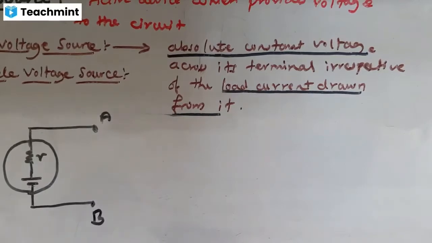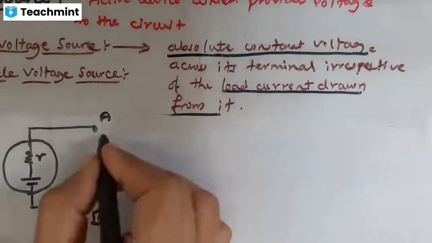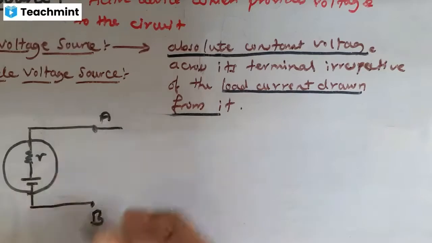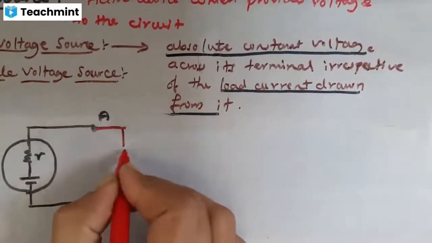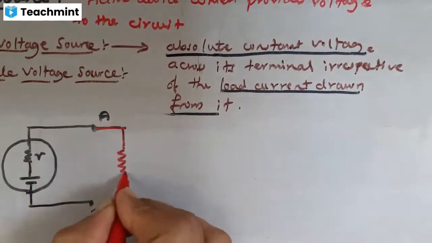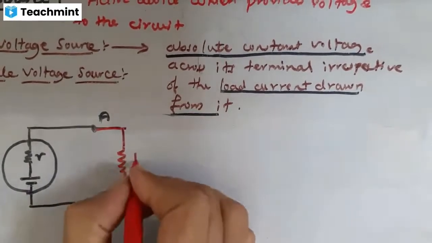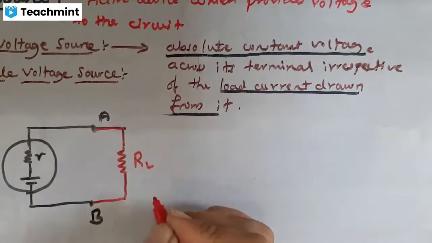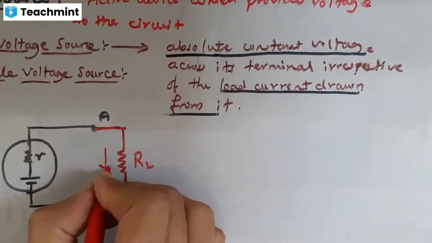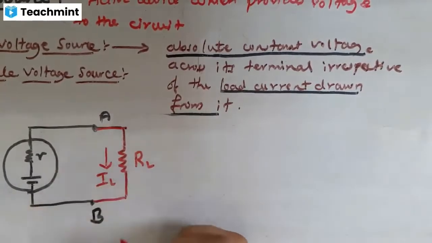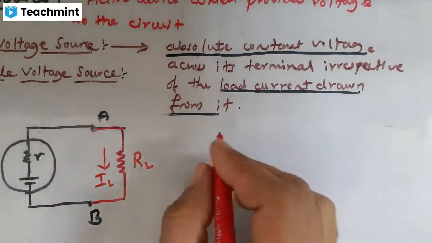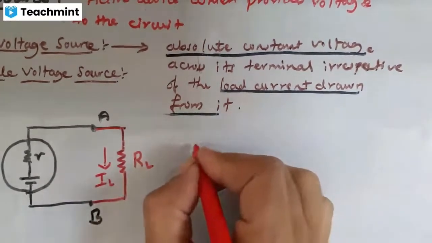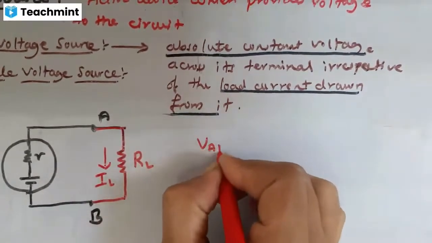Now I will connect one resistor here. I call this resistor the load resistor RL, and here the current that will flow is IL. Now if you measure the voltage across AB, that will be VAB.